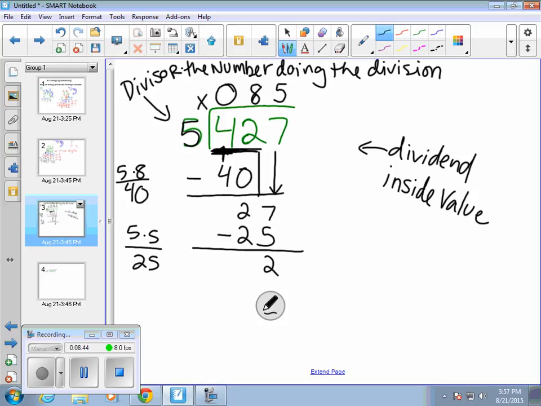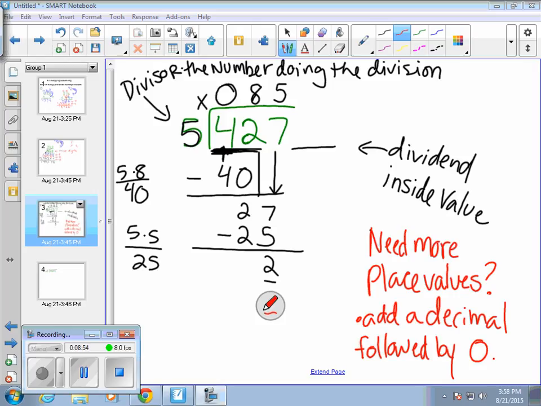Now at this point, there's no other place values to work with, but I still have this remainder of 2. Anytime that happens, you can add a decimal point followed by a 0. So I'm going to extend my long division. This decimal point is going to come straight up into my answer as well, so I'm going to place it there. And then I have a number to bring down into this new place value.